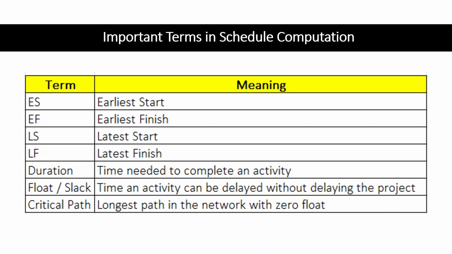Then we have float or slack, which means the amount of time an activity can be delayed without delaying the whole project. Finally, the critical path is the longest path in the network with zero float. These terms will be used throughout the calculation, so it is important to understand them clearly.